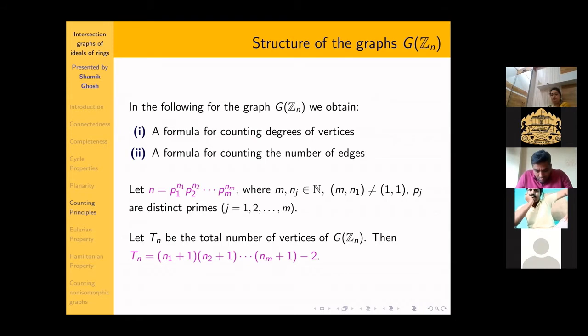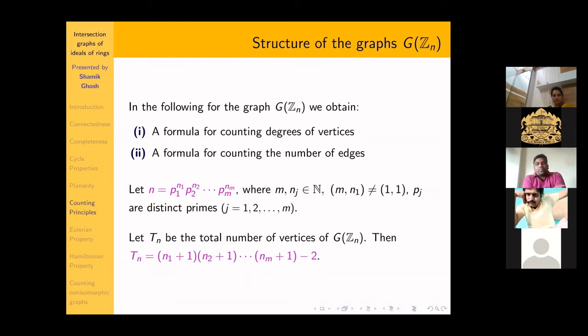Naturally, Zn is a principal ideal ring, and so all the ideals are principal ideals, and these ideals are generated by the non-trivial factors of n, that is excepting 1 and n. So that is why you see the counting has -2 in the last line.